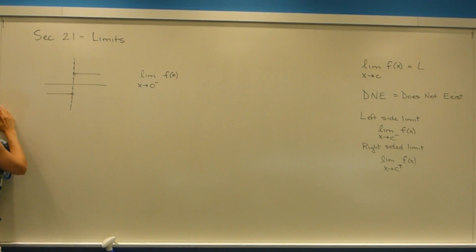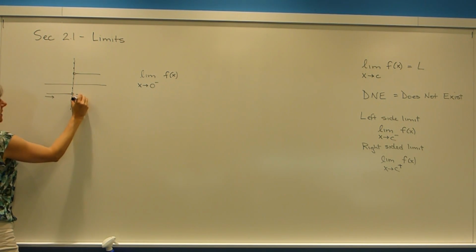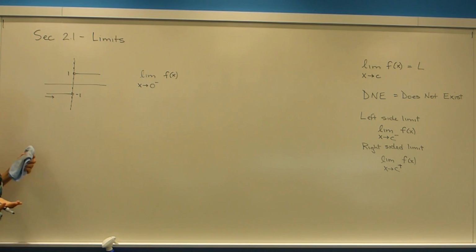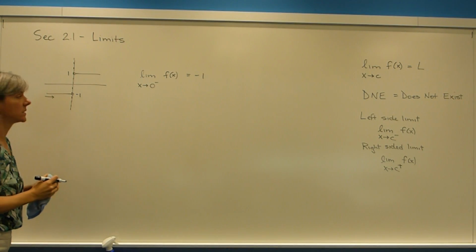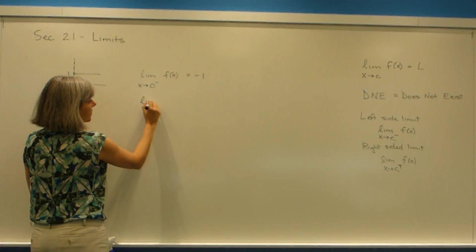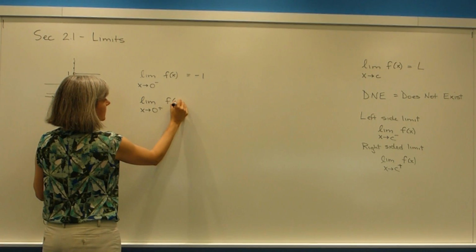All right, so let's look at that. So that means I'm only interested coming from this direction. So as I'm coming from this direction, I'm following the curve. The y value appears, I didn't write that in, the y value appears to stay at -1. That's true. So this from the left-hand side is -1. We can do the same from the right-hand side.